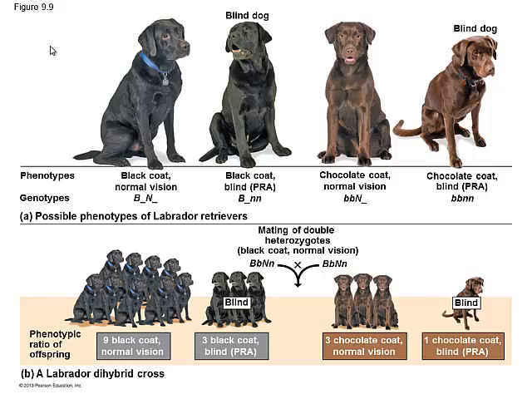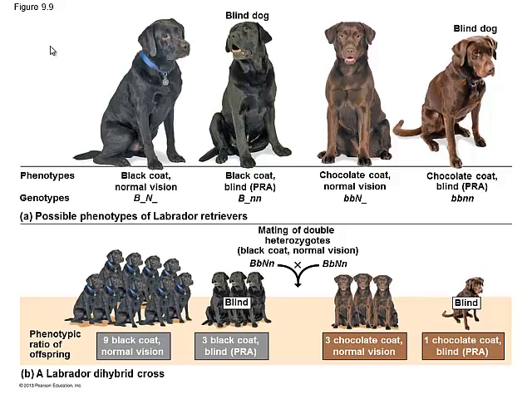We have a dog, black coat, that has what? Abnormal vision. They're blind. If they assorted dependently, we would expect to see everything with a black coat being blind. Yes? But what we do see is not quite that.